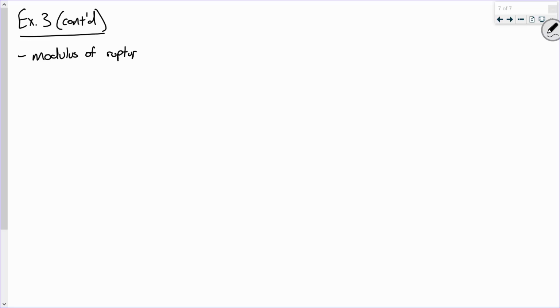Now, to compute the modulus of rupture, what are we going to need? We're going to need f'c. And what is that? 3,000 psi. What other variable are we going to need? Lambda. And what is lambda? 1.